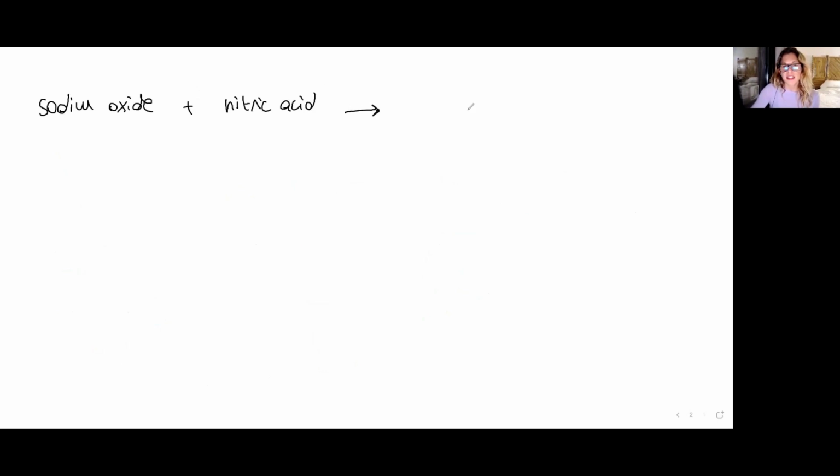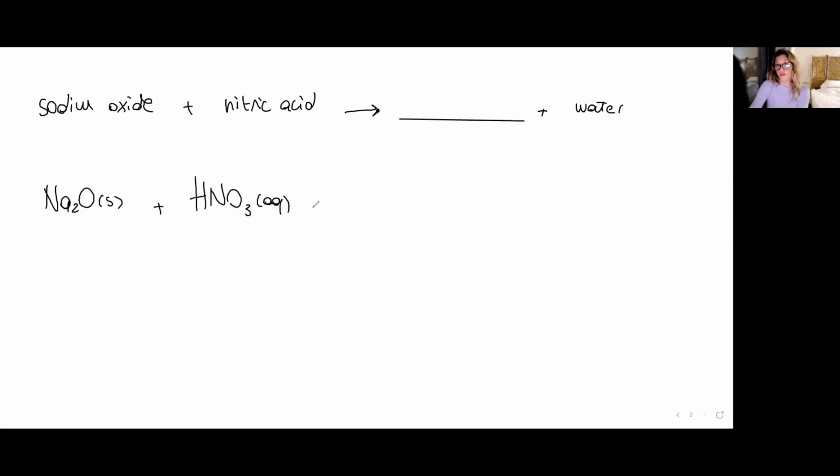Let's work out the salt, and we know the other product is water, because there is no carbonate, so it's just water. The very useful exercise here is to write the word equation, work out the name of the salt, and then write the symbol equation with formulas, sodium oxide and nitric acid, and maybe their physical states too, from the list of acids and bases that you can make and refer to when practicing.